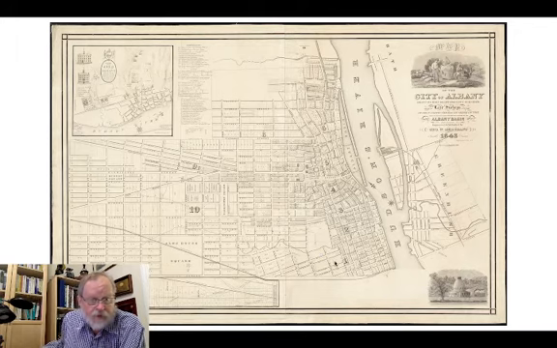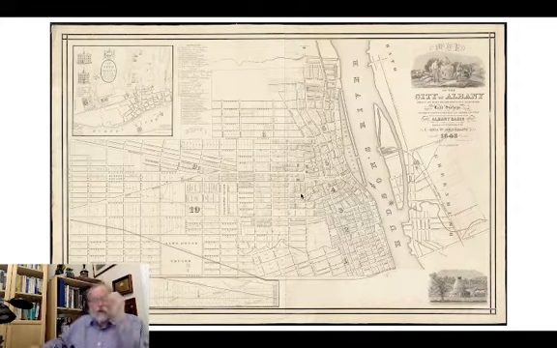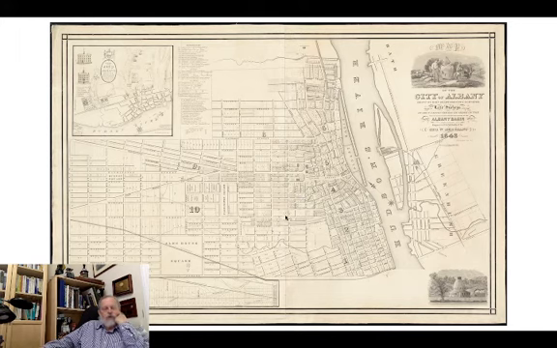Now the other thing that I'm going to bring your attention to here, and it's something that I do not know yet, that I am planning to learn. In the late 1700s, the state engineer and surveyor Simon DeWitt did two maps of Albany.